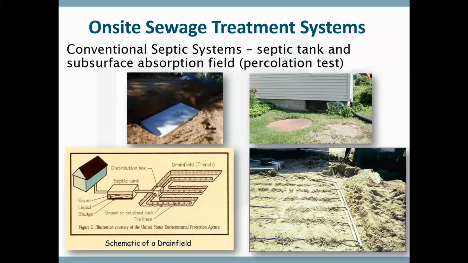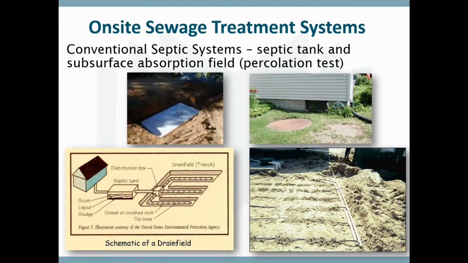The first type I'm going to talk about, and how they operate, are conventional septic systems. Now these are basically comprised of a septic tank, and the flow goes into that, then it goes out the other side into a subsurface absorption field. These actually are the types of on-site sewage treatment systems that are preferred in the regulations in the state sanitary code.